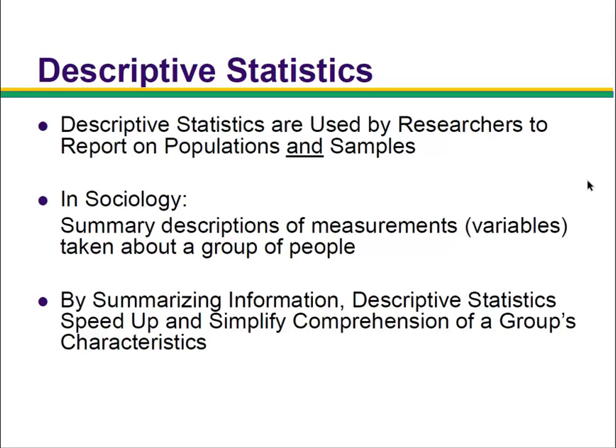By summarizing information through descriptive statistics, we speed up and simplify comprehension of a group's characteristics. That's really the heart of it. We're trying to take complex information and make it simple, clear, and understandable.